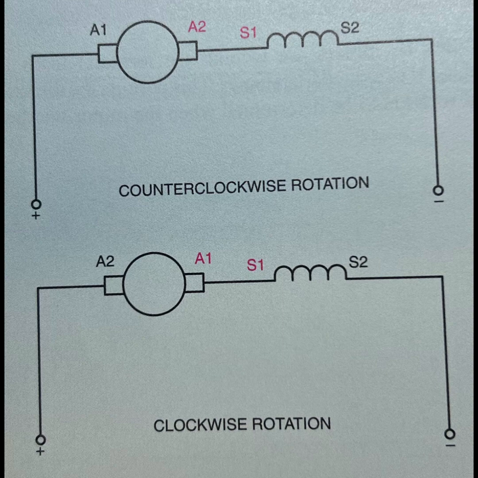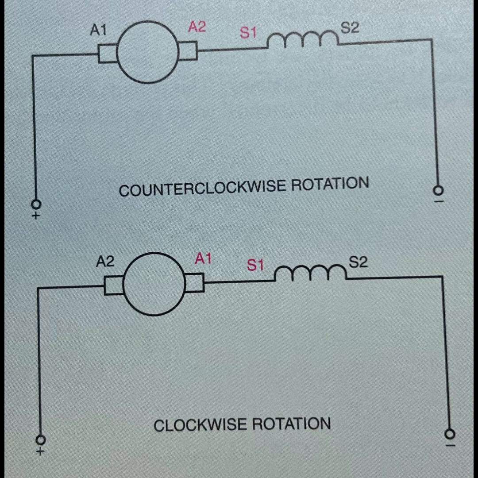Direction of rotation. Direction of rotation of the armature is determined by the relationship of the polarity of the magnetic field of the armature to the polarity of the magnetic field of the pole pieces.